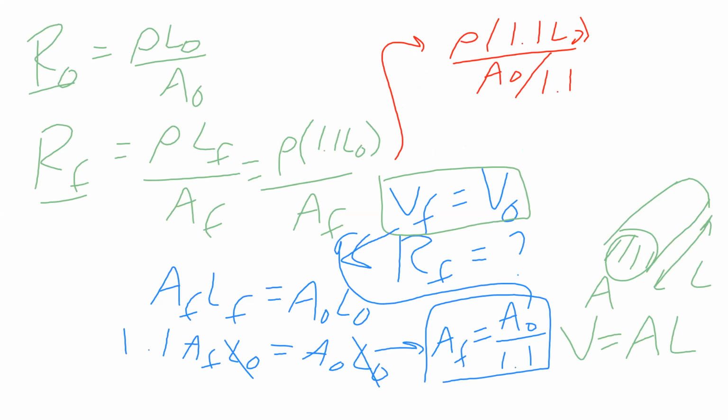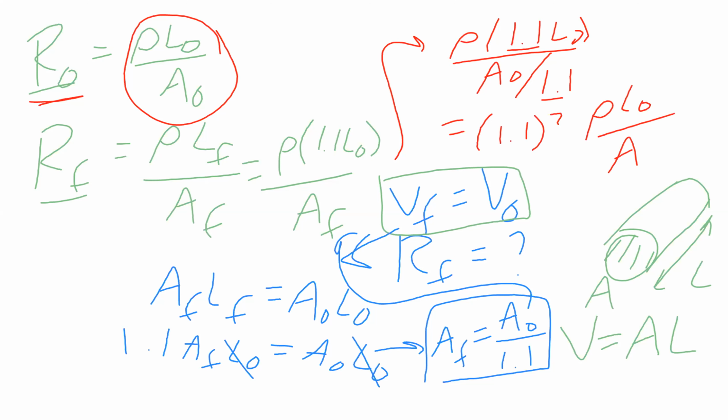What I ultimately want is some number times this, because that will be the same as having some number times the initial resistance. So I have a 1.1 that needs to be factored out, and then I have a 1.1 in the denominator of the denominator. Ultimately that will come back up, and we'll end up with 1.1 squared times rho L naught over A naught.